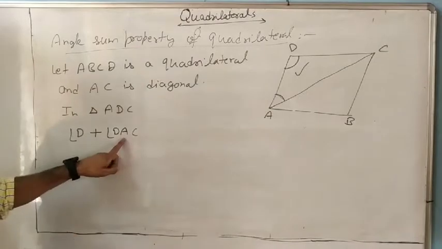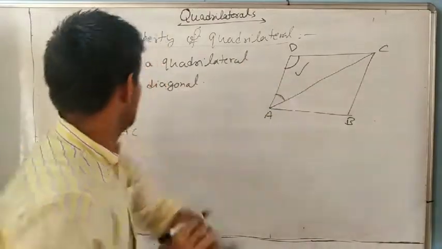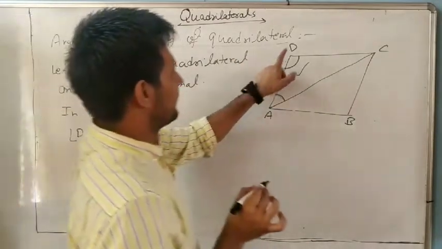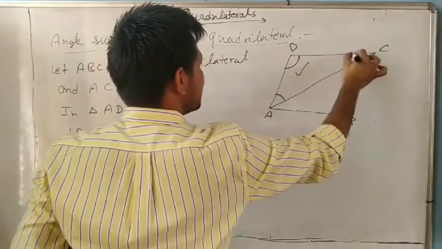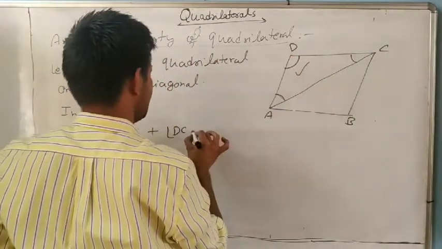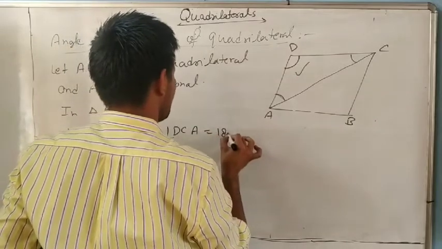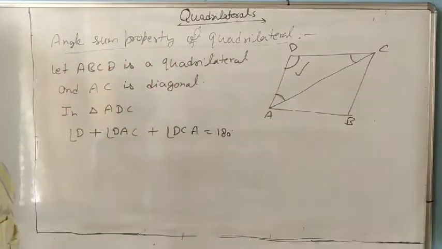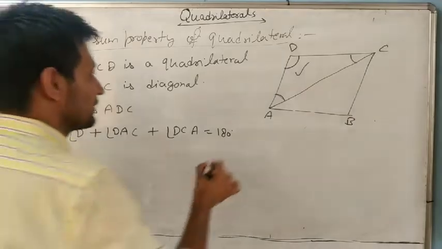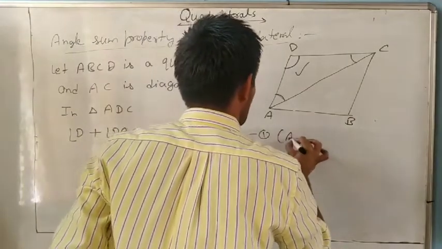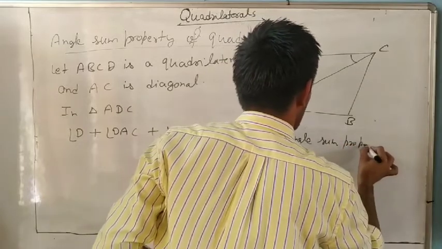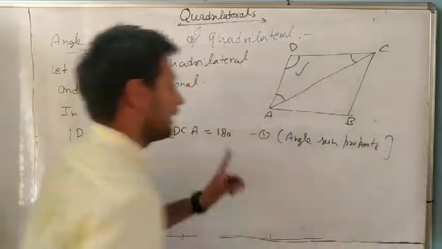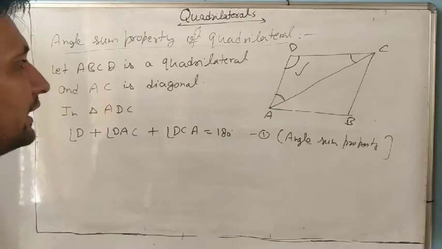Angle is always in the middle, so angle D plus DAC plus angle DCA, how much is it? 180. Why? Because it is a triangle. Equation number 1. So you can write angle sum property, because the sum of all angles in a triangle is 180.